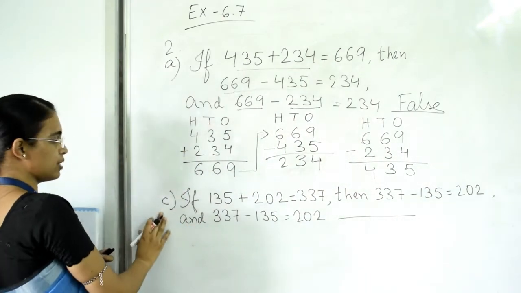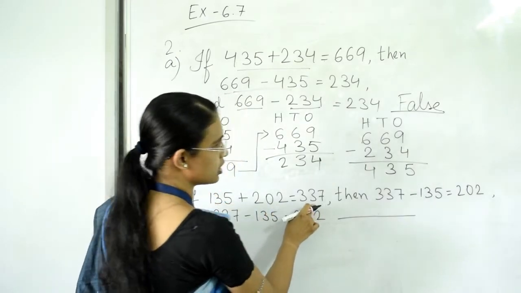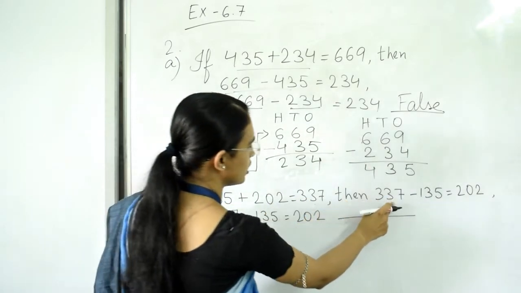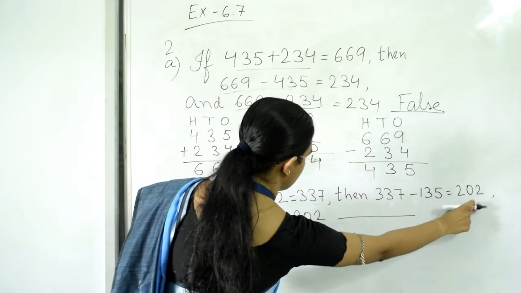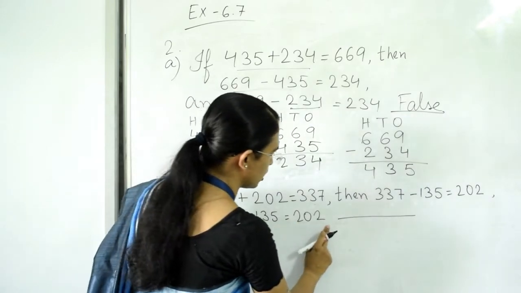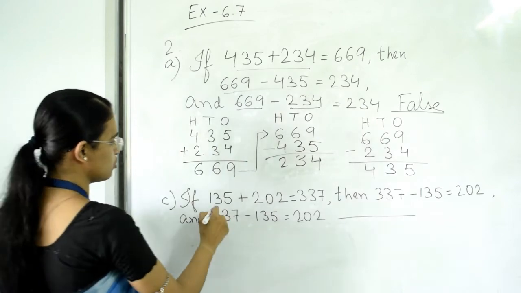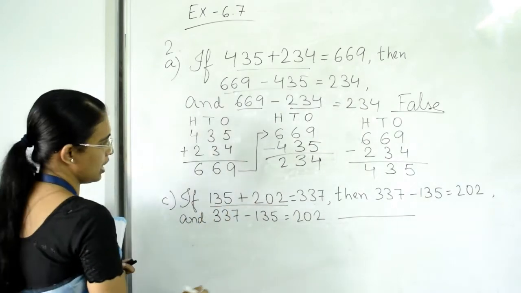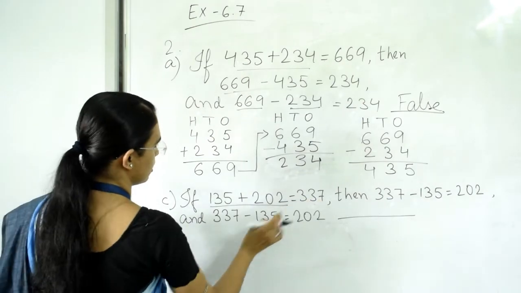Now question number C. If 135 plus 202 is 337, then 337 minus 135 equals 202, and 337 minus 202 equals 135. So we have to find out whether it is true or false. So first we will add these two, and we have to check whether this answer will come or not.